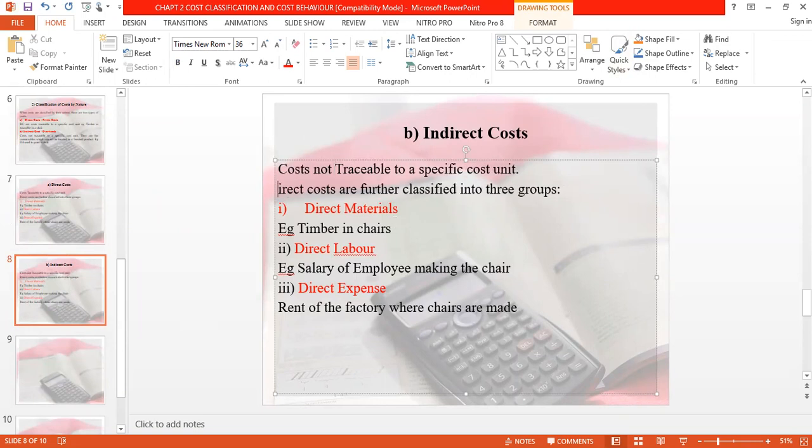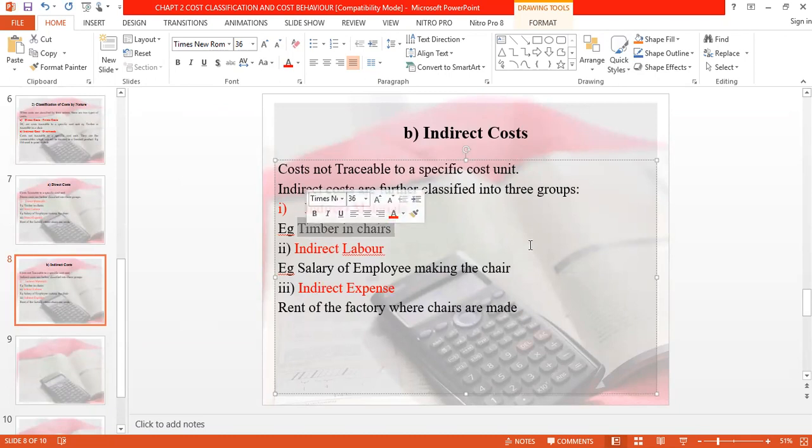Indirect costs are further classified into three: indirect materials, indirect labor, and indirect expenses.